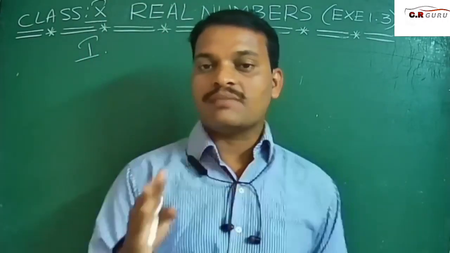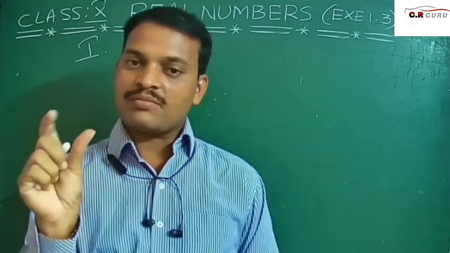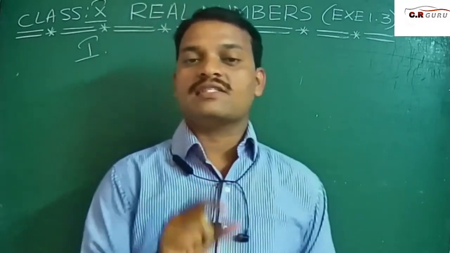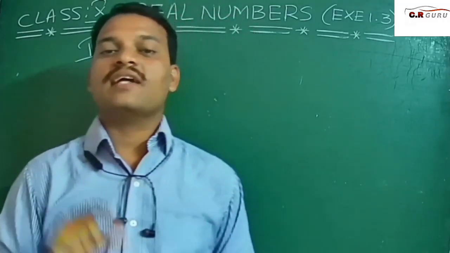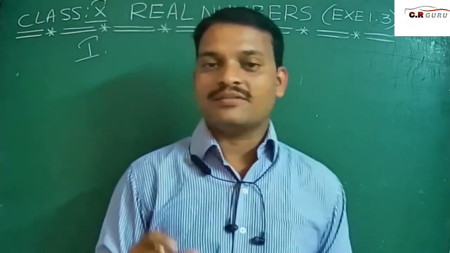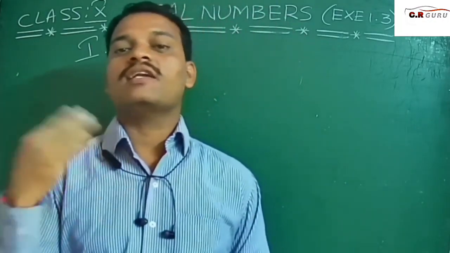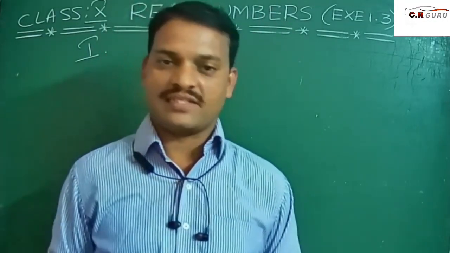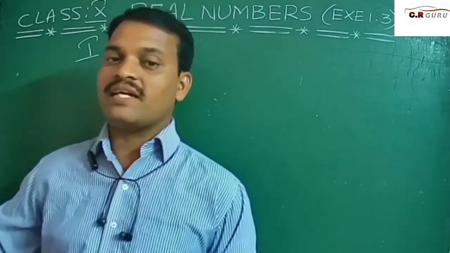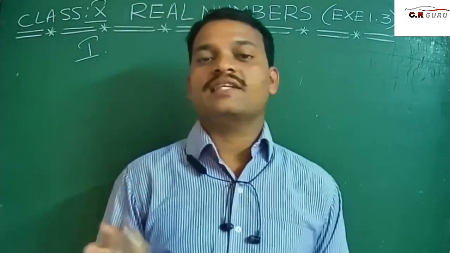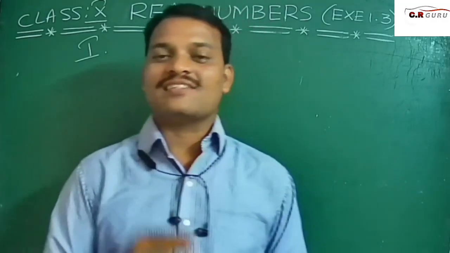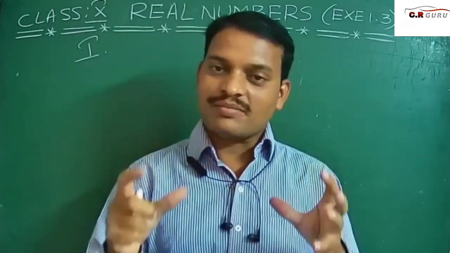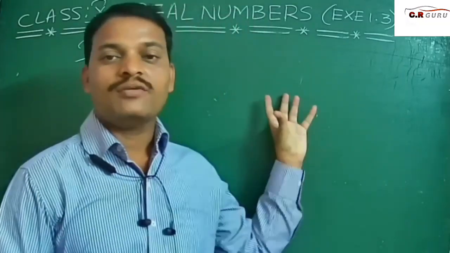Repeating means part of the decimal is repeated infinitely many times, called non-terminating repeating or recurring decimal. Non-terminating, non-recurring decimal means the decimal part cannot be repeated anywhere; it extends up to infinity but is not repeated anywhere. Based on that only I want to explain.